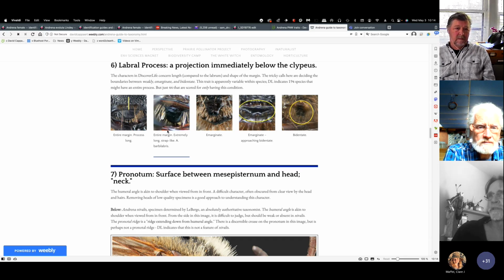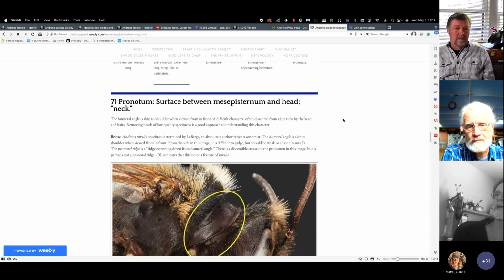That's probably a character that by itself really narrows you to that one species. But otherwise, you're looking at emarginate. There's a little indentation here. Bigger indentation, is this emarginate or is it all the way to being bidentate? I can't always say for sure, but it helps me to look at a range of pictures and get a sense of what those terms might be describing.